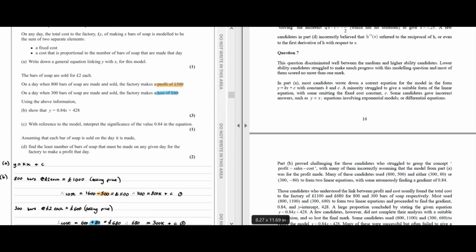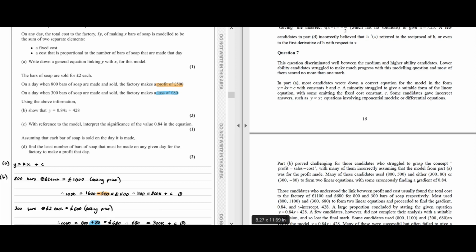A minority struggled to give a suitable form of the linear equation, with some omitting the fixed cost constant. Some candidates gave incorrect answers such as y being proportional to x, equations involving exponential models, or differential equations.